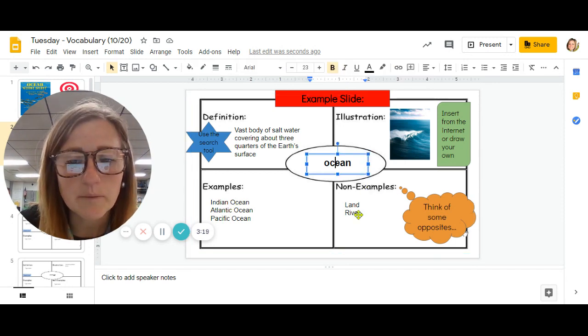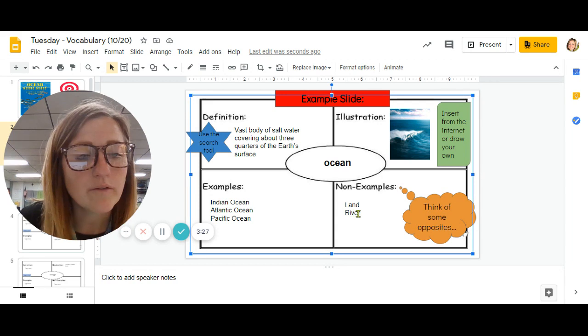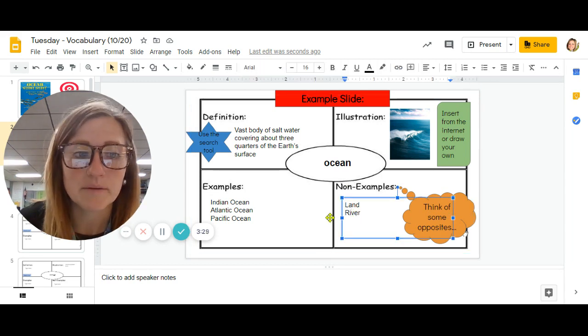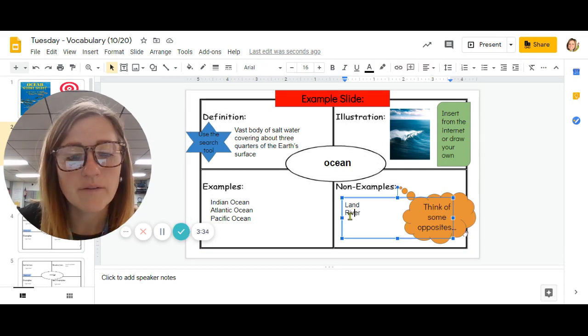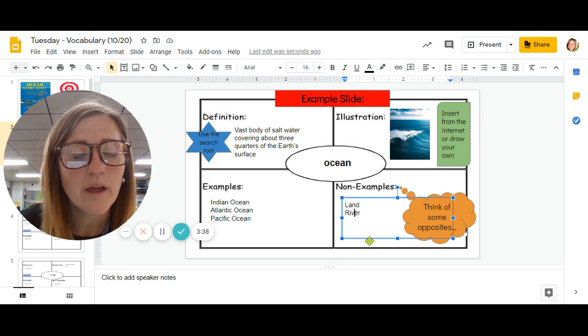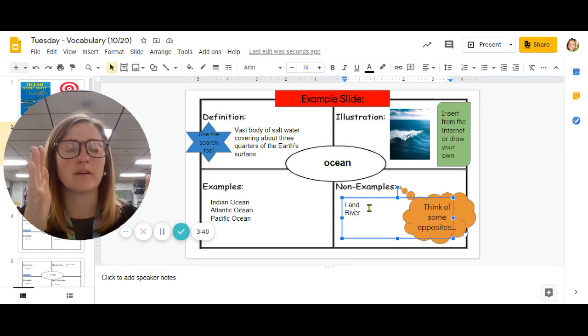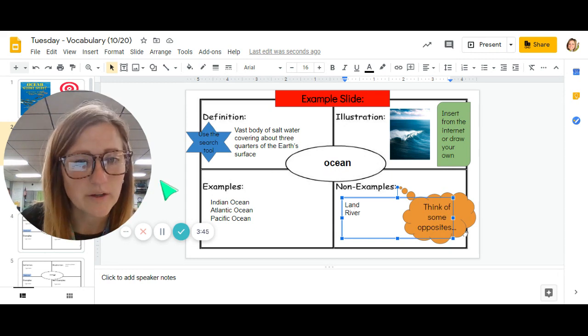And then a non-example would be, think about like the opposite of your word. So I wrote land and river because land is the opposite of ocean. And although a river is not really the opposite, a river is not a large body of water. It's a smaller, thinner body of water that is moving, which is a little different than the ocean.